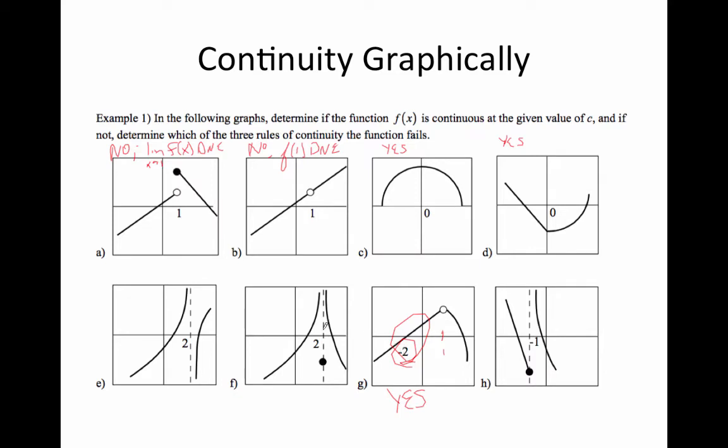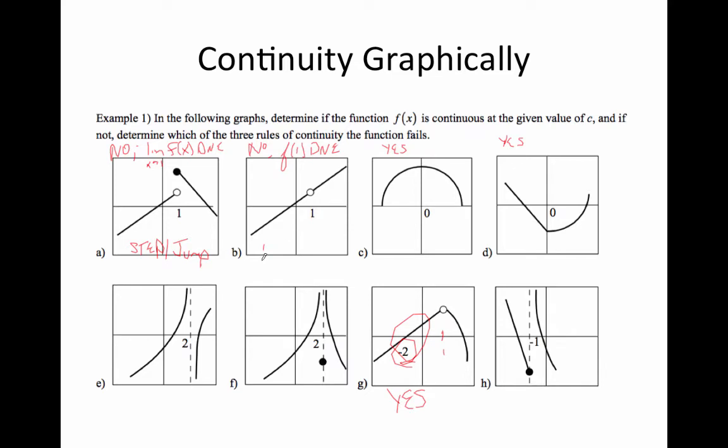Also recall some of the types of discontinuities we looked at earlier this year. So remember in graph A, we would call x equals 1 a step or a jump discontinuity because the limit from either side of 1 doesn't match up.